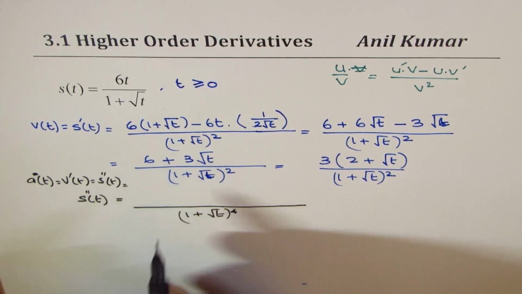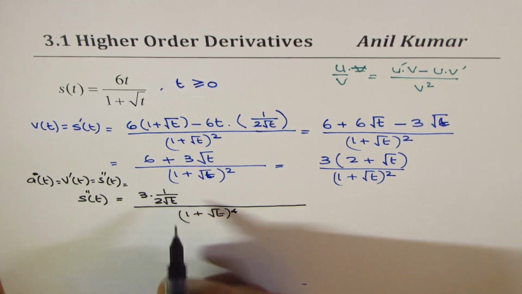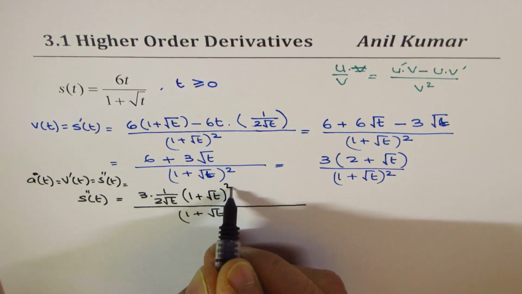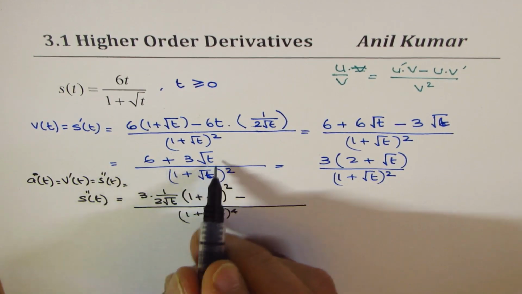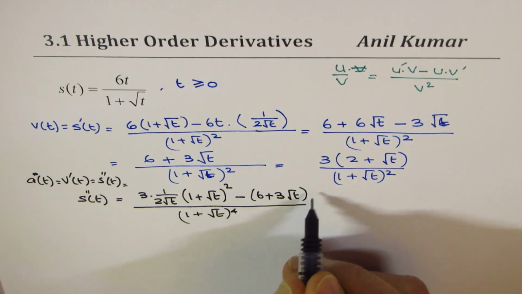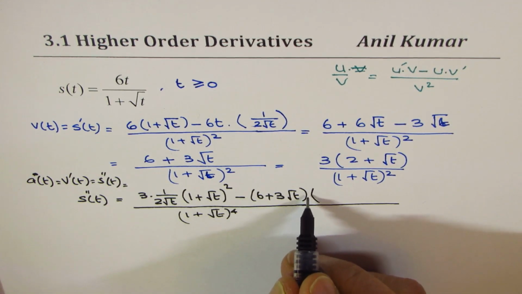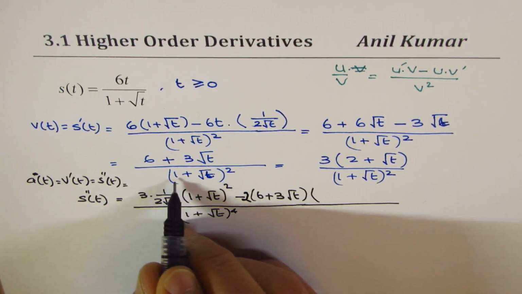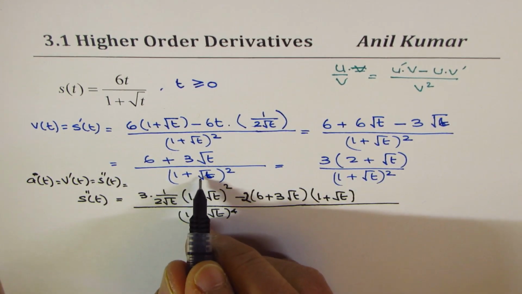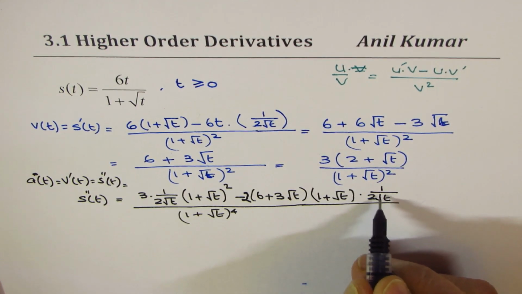Derivative of the numerator is 3 times 1 over 2 square root t times the denominator, which is 1 plus square root t whole square, minus, we get the whole term, which is 6 plus 3 square root t times derivative of this function, which is 2 times, so let me write 2 here in the beginning, 2 times 1 plus square root t, and then derivative of inside function, which is 1 over 2 square root t. Perfect.